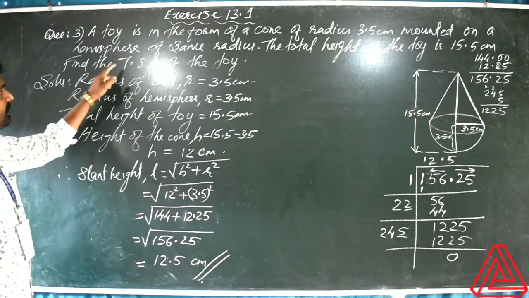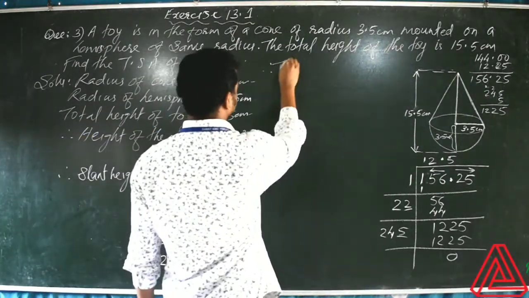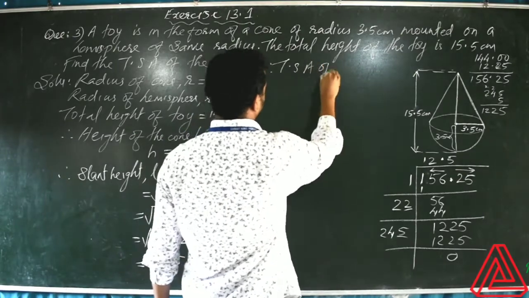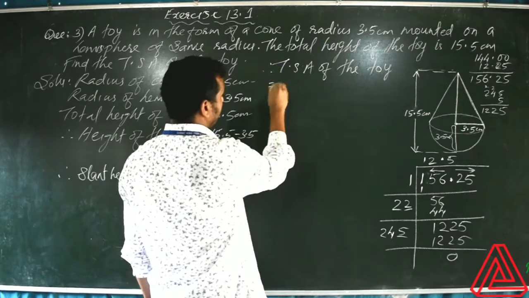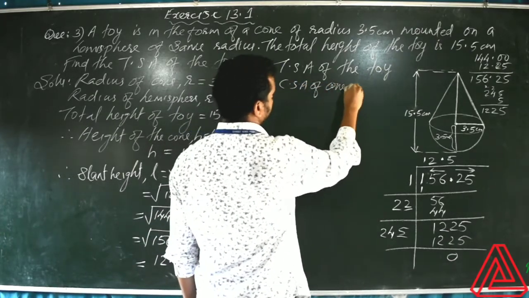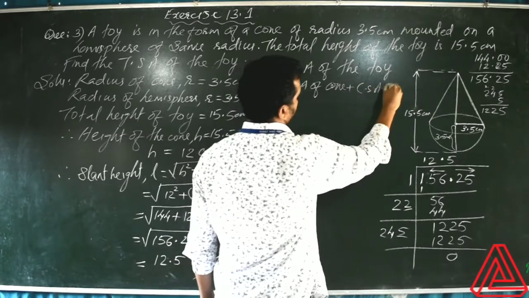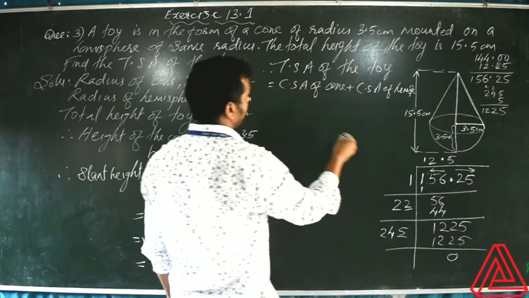Now we can find the total surface area of the toy. Therefore, total surface area of the toy is equal to curved surface area of cone plus curved surface area of hemisphere. What is the formula?